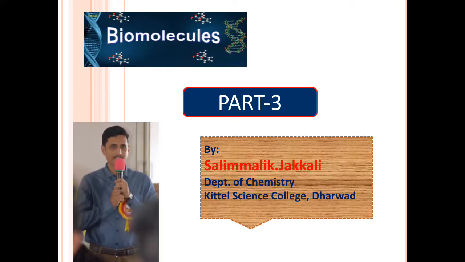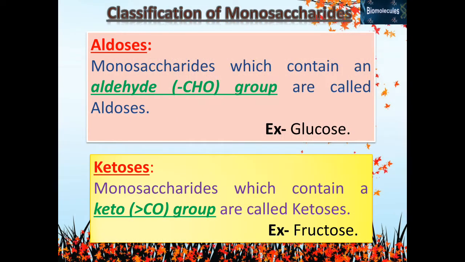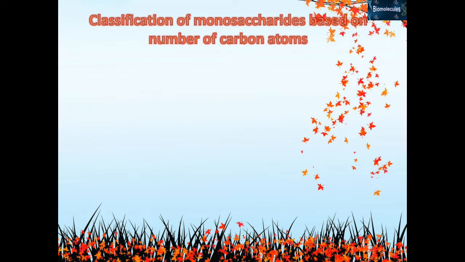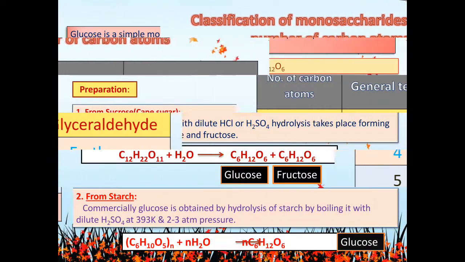We'll have just a recap of our previous class. We are dealing with the study of carbohydrate biomolecules. In the previous class, we discussed what monosaccharides are, the classification of monosaccharides into aldoses and ketoses, and their classification based on the number of carbon atoms into trioses, tetroses, pentoses and hexoses.